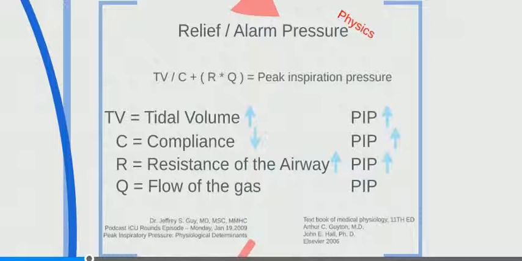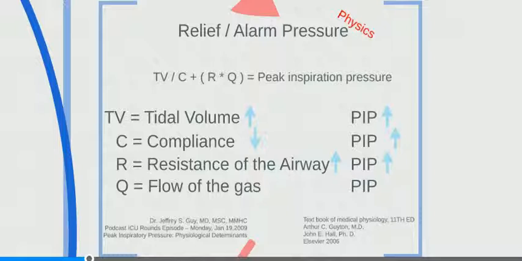Now, another way we can change things is the flow of gas. The flow of gas can be changed by what? It can be changed by the frequency of the breaths going in. The higher the frequency, the faster those breaths have to get in within that minute. Another way is heliox. If we lubricate the oxygen that's going inside you, it flows a little quicker.